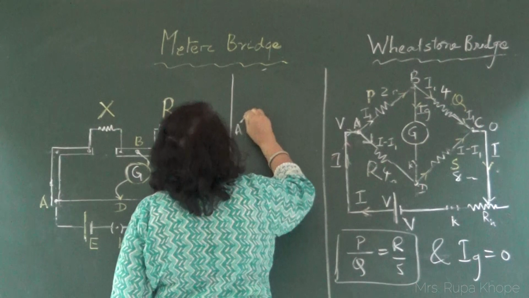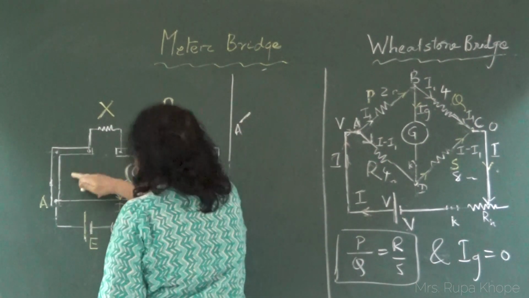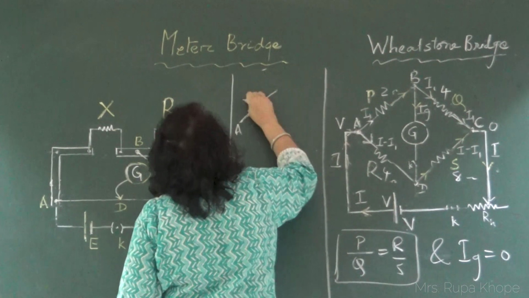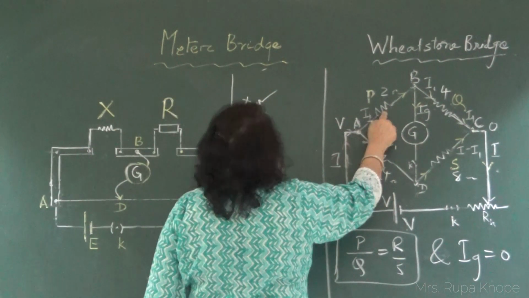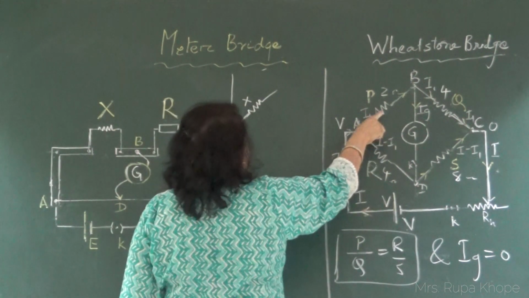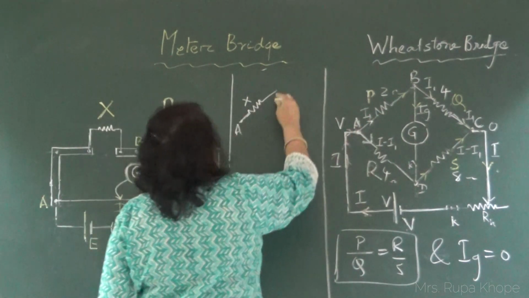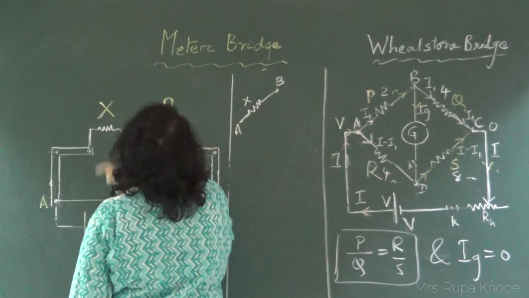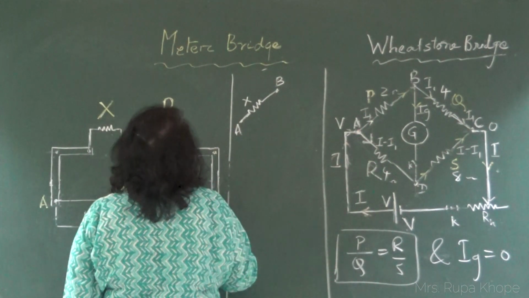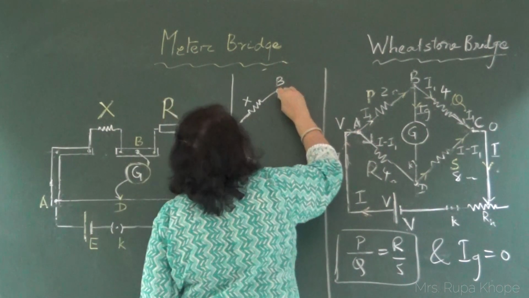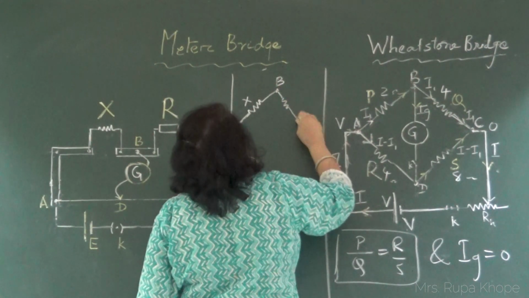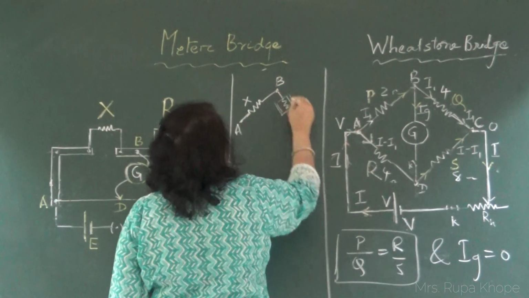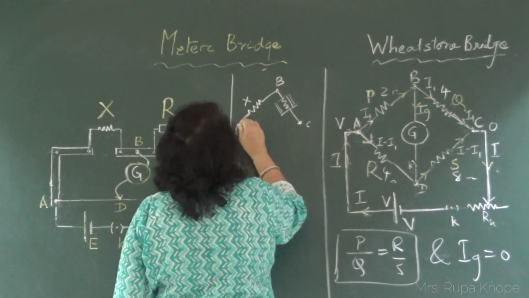So this is point A. A then goes to X. Here A goes to P. So instead of P, we have called this X. Then this is my B point because between A and B we have connected X. Between B and C, we have connected a resistance box. So this resistance box is connected between B and C.